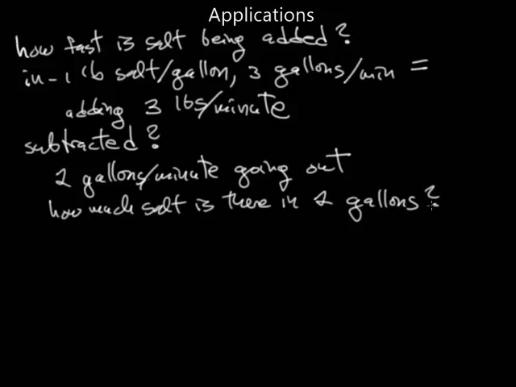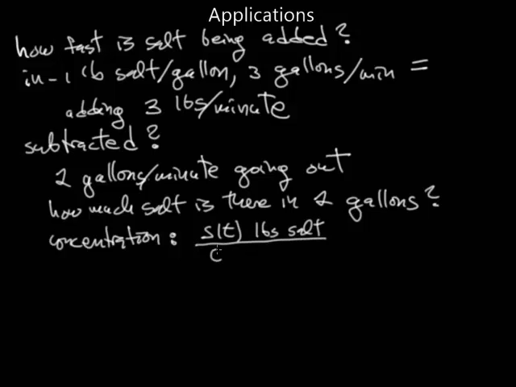Well, let's see. The concentration of salt is pounds per gallon. It's how many pounds of salt there are in a gallon of water, and that's S of t, the pounds of salt, divided by the volume of the water at the given time.